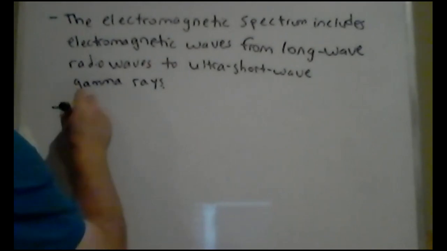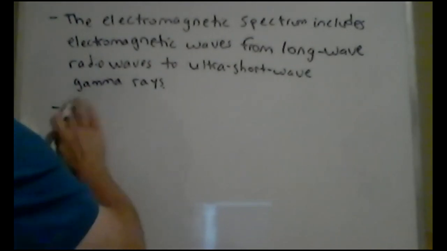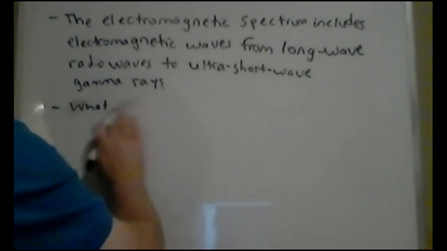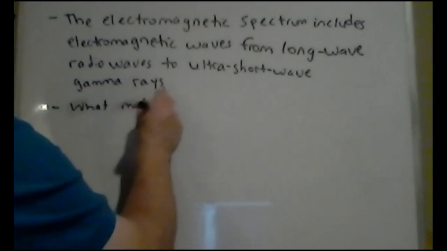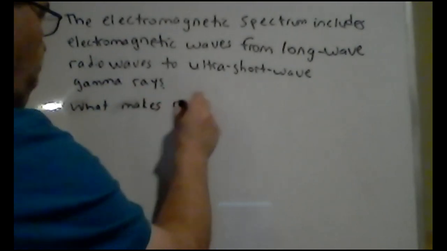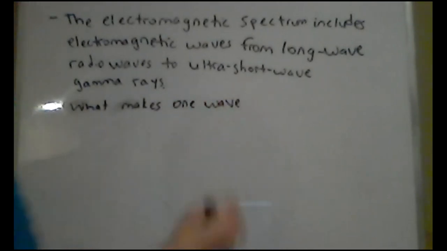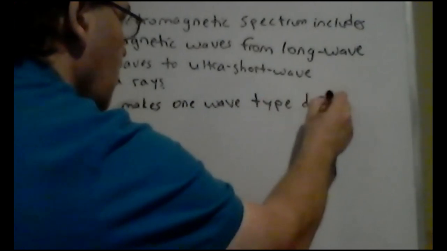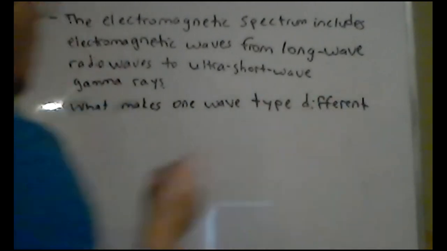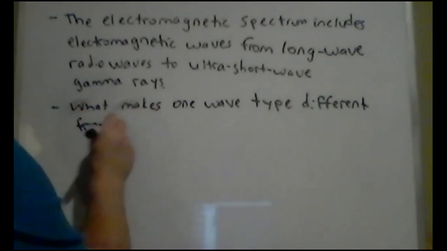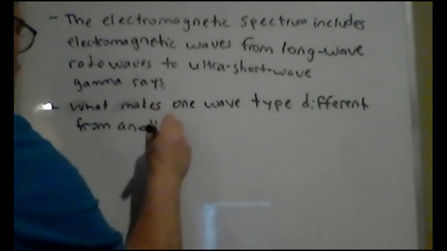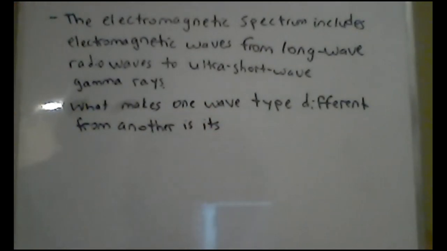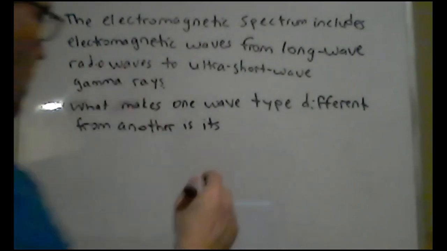What makes one wave type different than another? It's its wavelength or frequency, if you will. They're linked together.